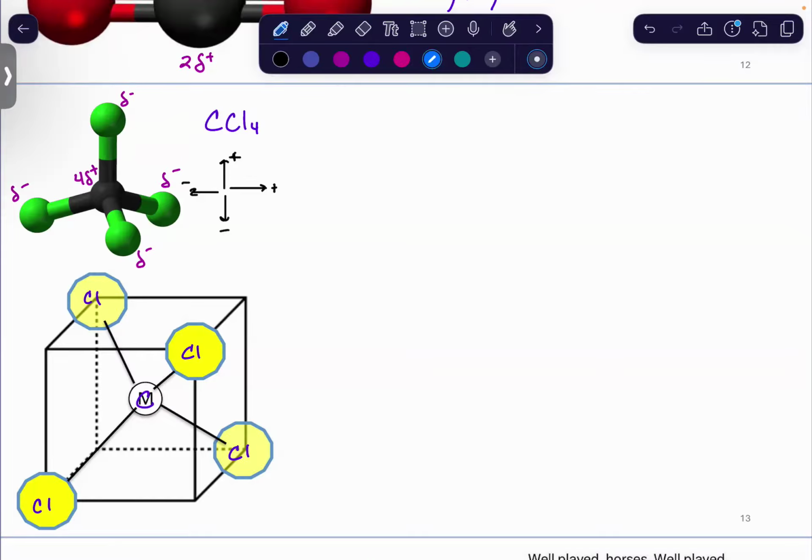Now, each one of these bonds is going to have a dipole pointing from the positive region towards the negative, oh, I did that backwards, didn't I? Let me do it again. You have to point towards the negative.